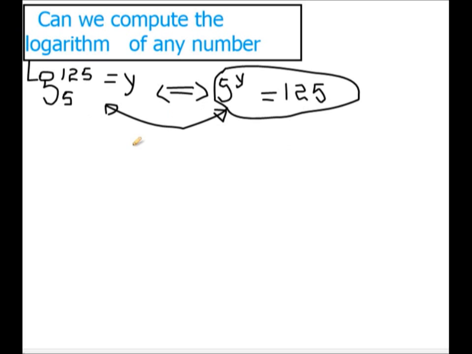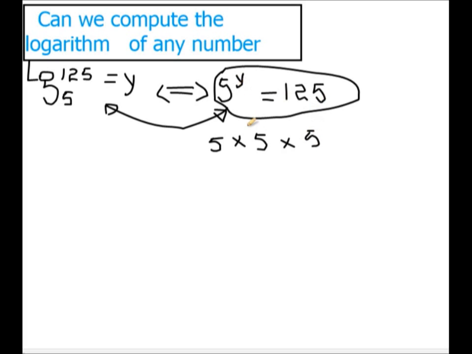It's important to understand. If I say to what power do I need to raise 5 in order to get 125, I should understand this is log base 5 of 125. So what is the power to raise 5 in order to have 125? We know 5 times 5 is 25, and then 5 times 25 is 125.